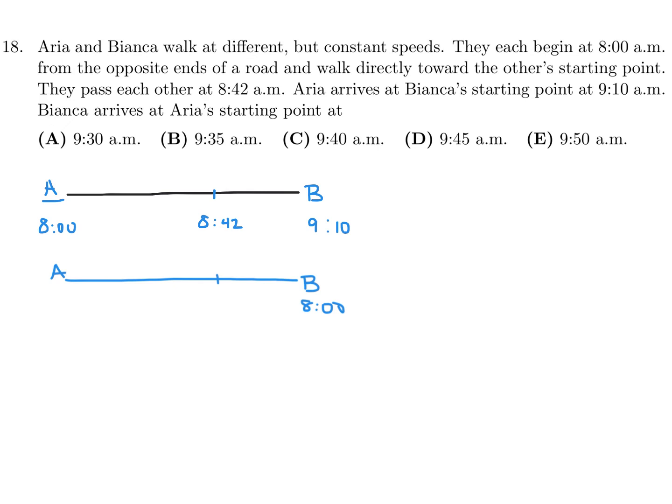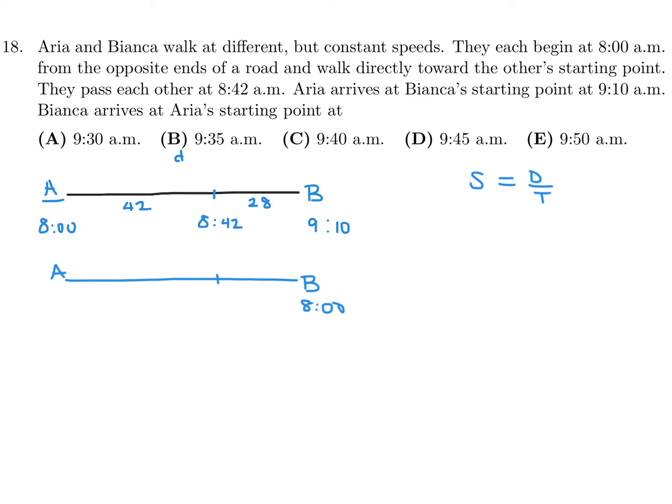Okay, so let's do some labeling here. First, we have the standard formula, speed is equal to distance over time, or any variation. Now I'm going to call the total distance D. We know it's 8:42, so the time is 42 minutes from there to there for A, and 28 minutes from there to there.